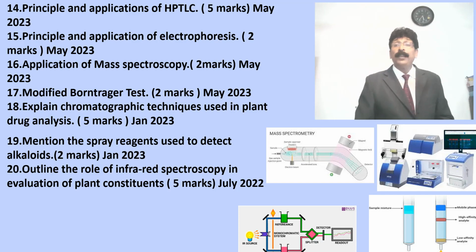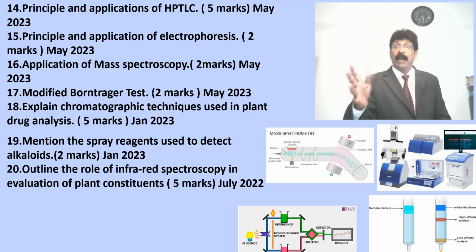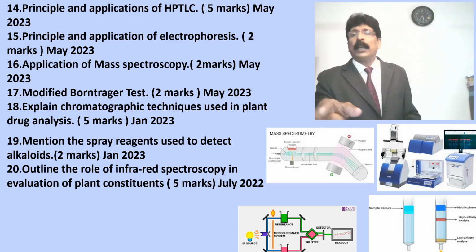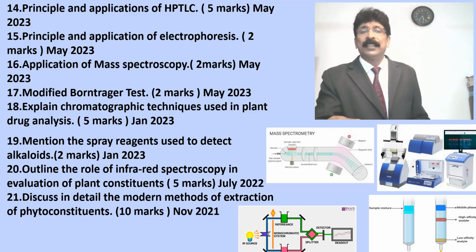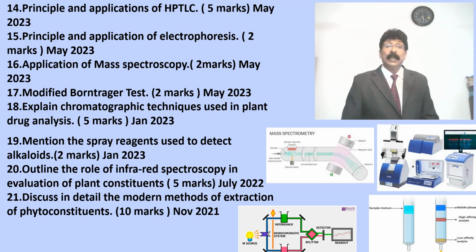Outline the role of IR spectroscopy in evaluation of plant constituents. It can find out what type of functional group is present, and you can write it in detail with an example also. Discuss the modern methods of extraction of phytoconstituents, a 10-mark question.